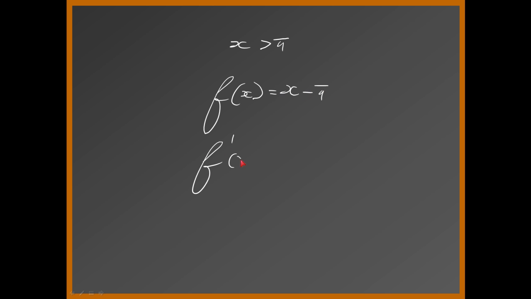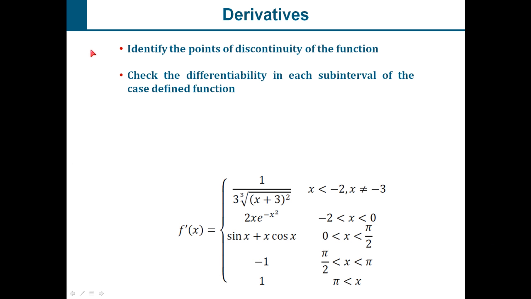Finally, when x is greater than pi, then f of x will be equal to x minus pi. This means that f prime of x will be equal to 1. Here we have summarized what we have just obtained.